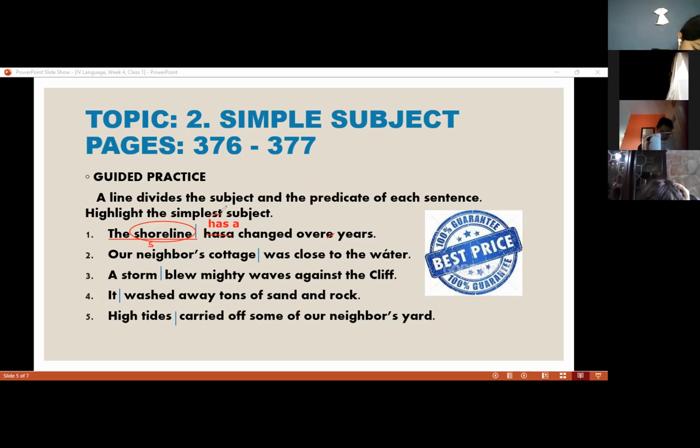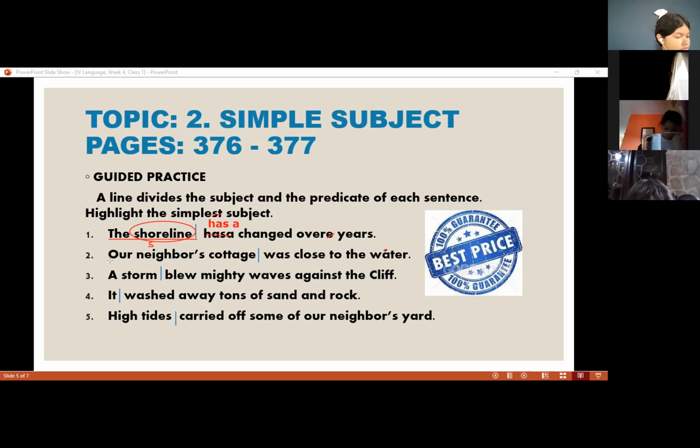Now, number 2, it says, our neighbor's cottage was close to the water. What is the subject in sentence number 2, class? Our neighbor's cottage is the first part of the sentence. We know that it's the subject.